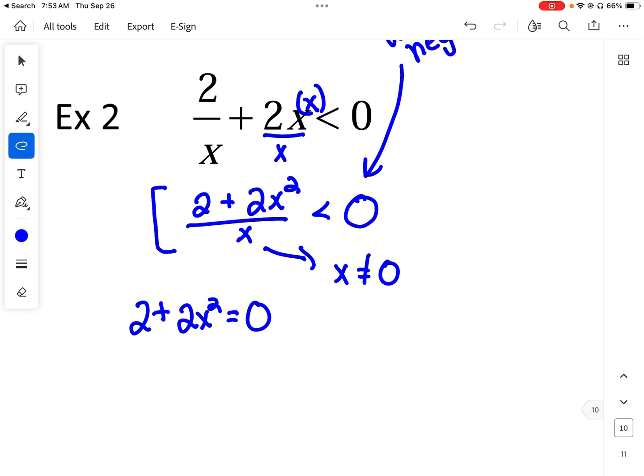All right, so -2 on both sides. So 2x squared equals -2, divide by 2. X squared equals -1.